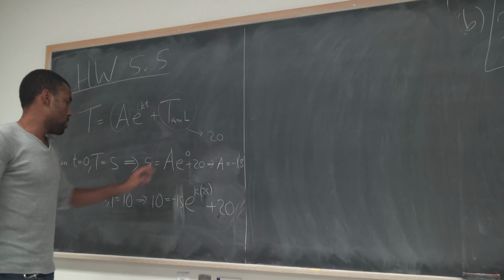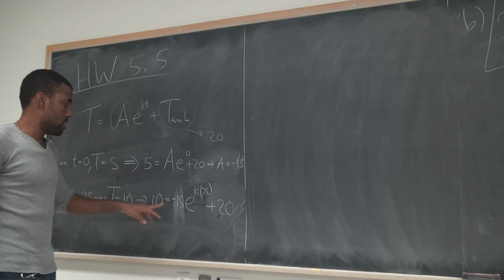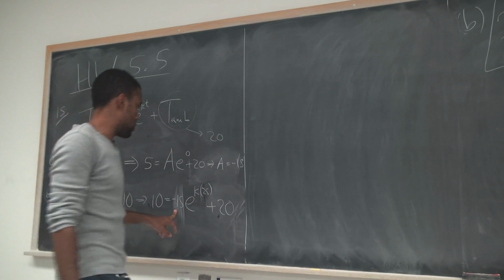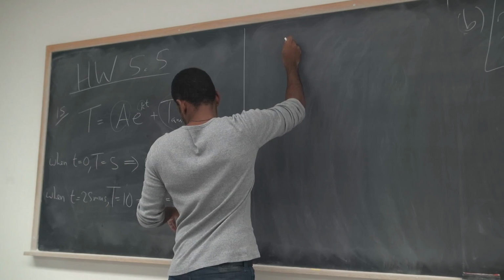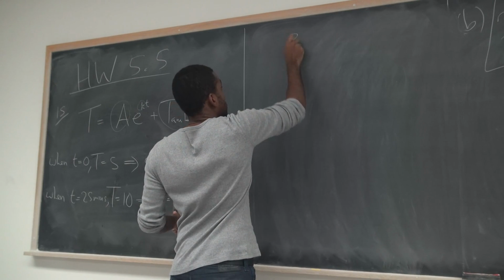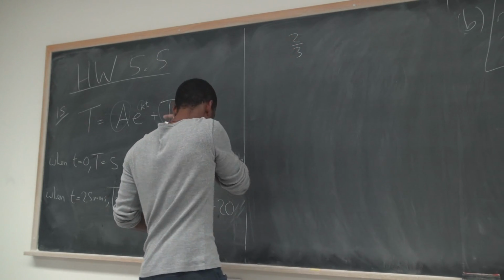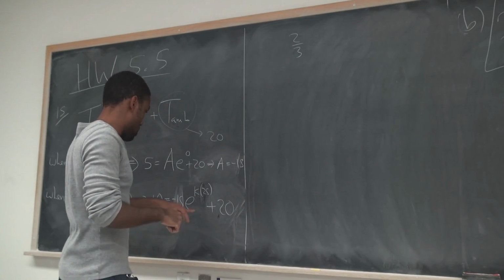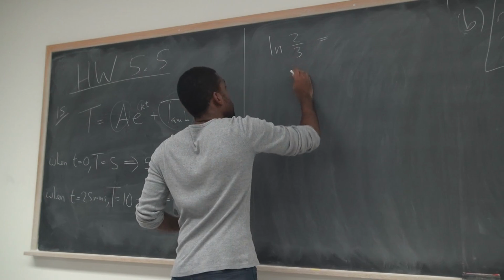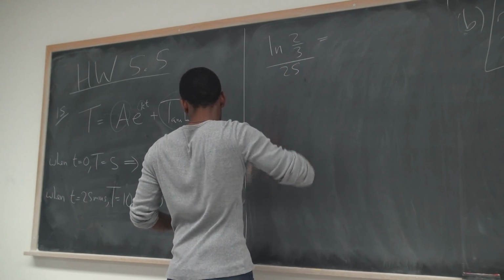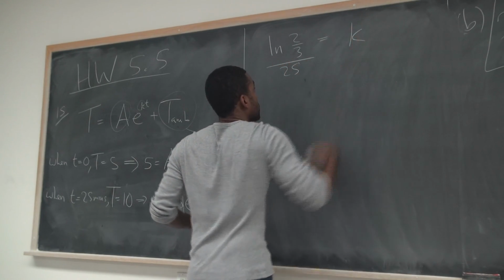So I'd move the 20 over, I'd get minus 10 divided by minus 15. So I have 2/3. ln of 2/3 divided by 25 equals k.